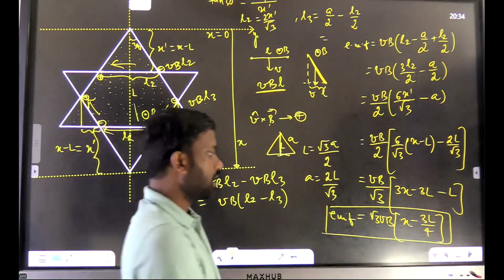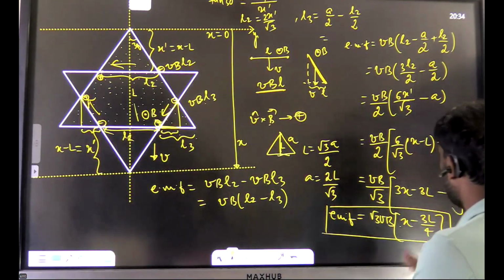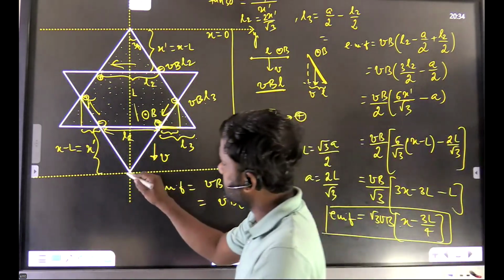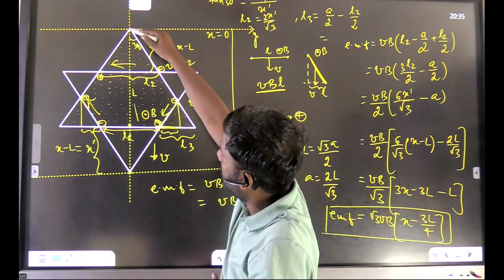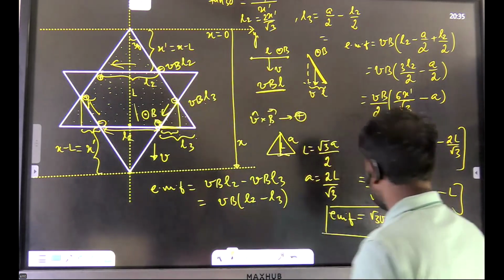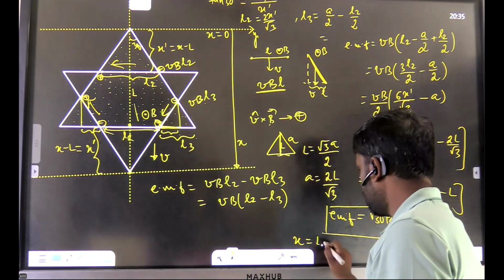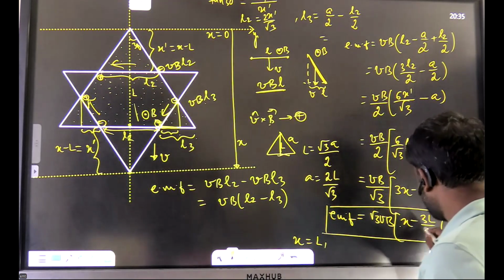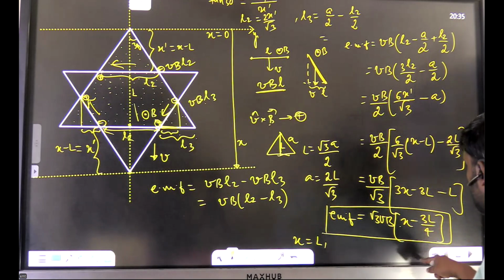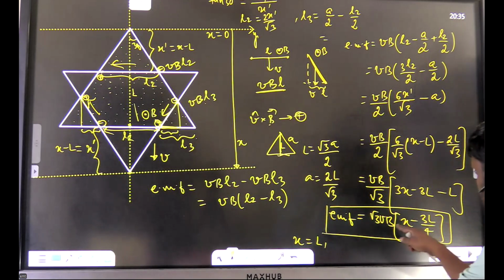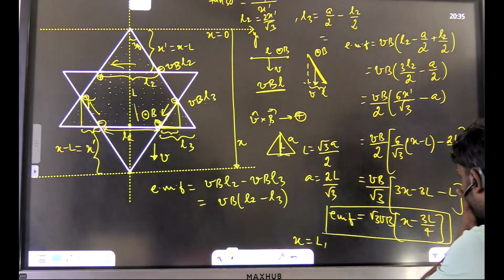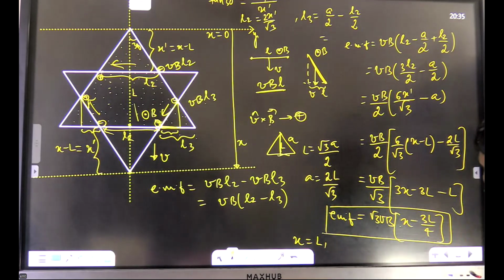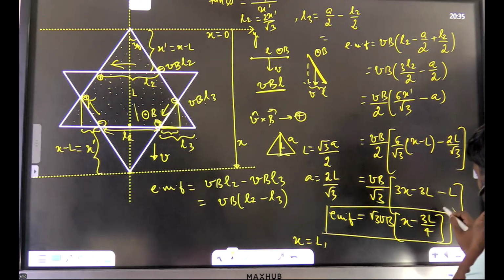Now you see this has positive slope, and when this vertex is here, its displacement from here to here will be equal to the height of this triangle, which is L. So if you calculate at x equal to L, if you put x equal to L here, you will get... see, we had taken this as 4.